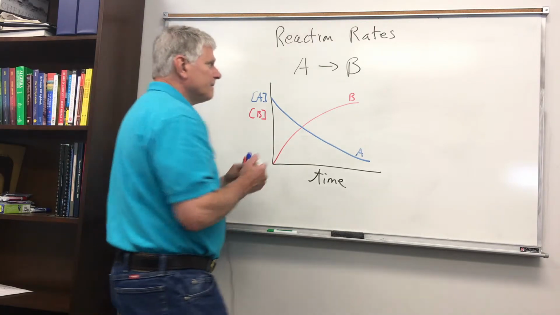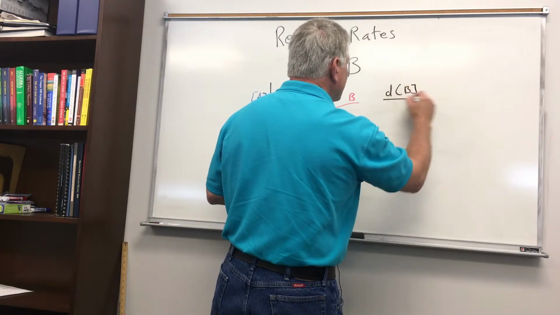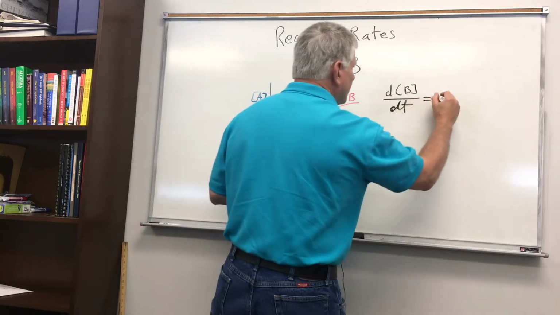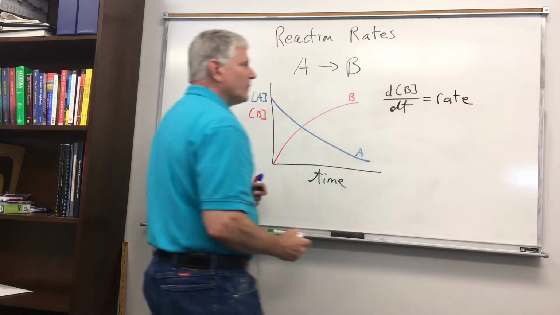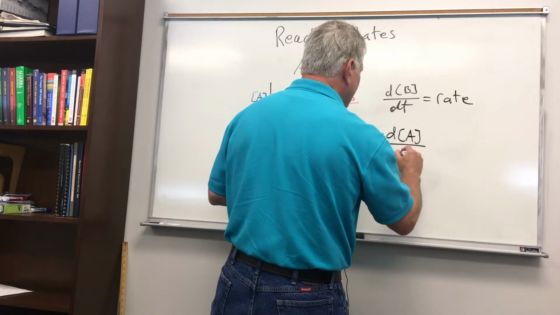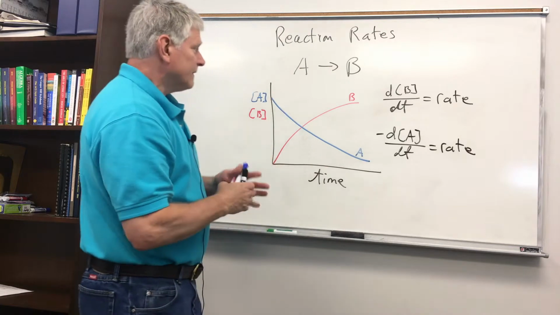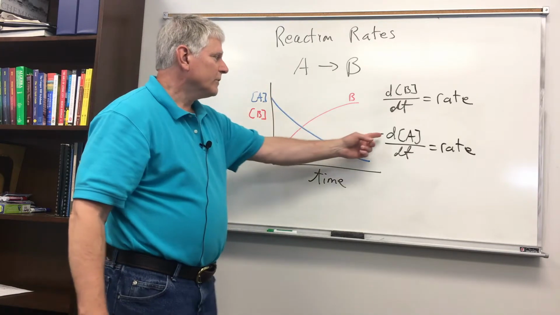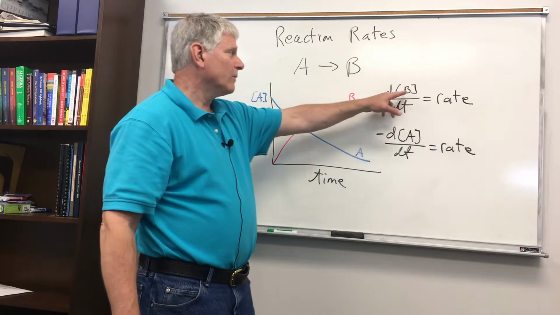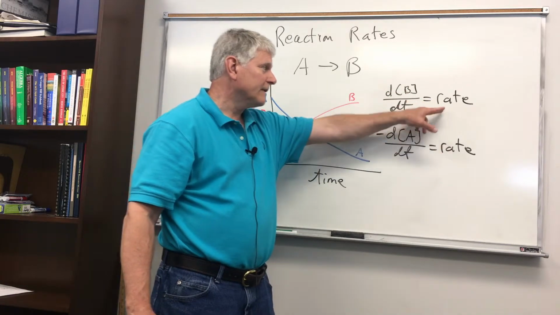And in calculus, we would write the change in the concentration of product B with respect to time is equal to the rate of the reaction, or since A is the reactant and it disappears, then its slope is negative, and so we use a negative sign to make the rate positive. So it doesn't matter whether we express the rate in terms of product or reactant, the rate will be the same.